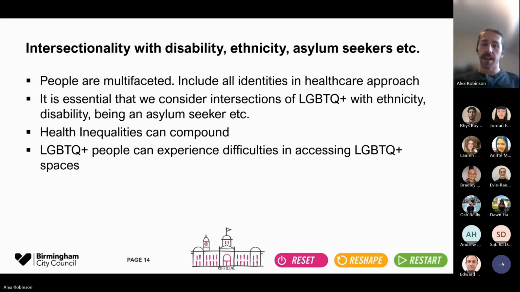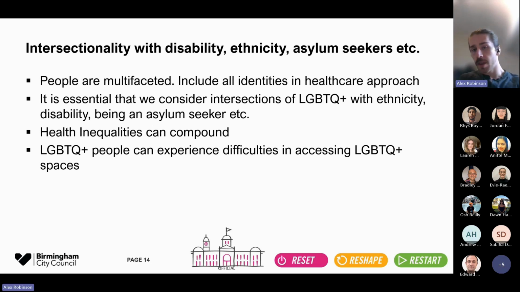So it's essential that we understand the role of intersectionality in health inequalities experienced by LGBTQ plus people, and don't treat the community as a homogenous group when developing health policies, services, and programs.